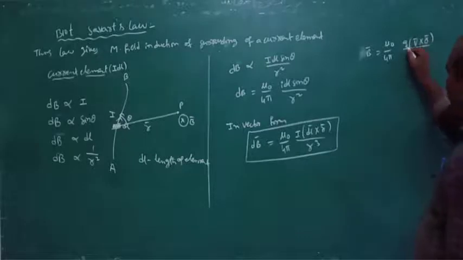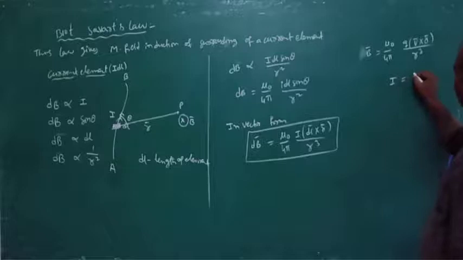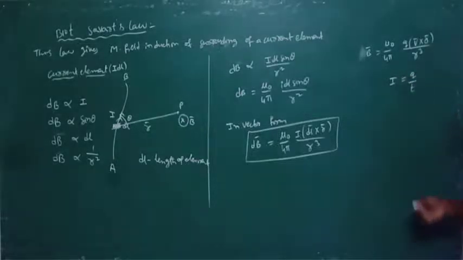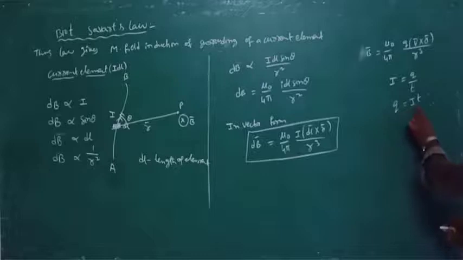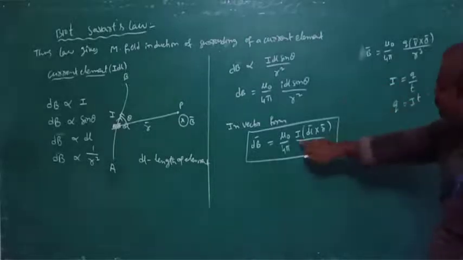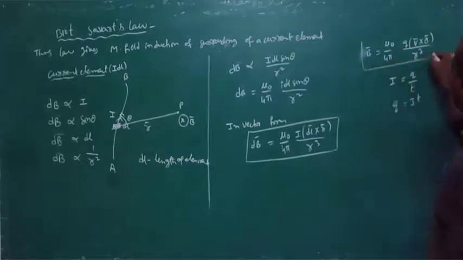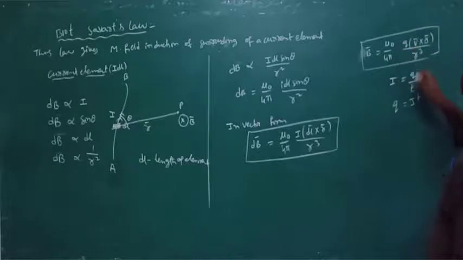From this we can write current equals charge by time, then charge equals current into time. Therefore, q equals I into t. Both equations are similar.